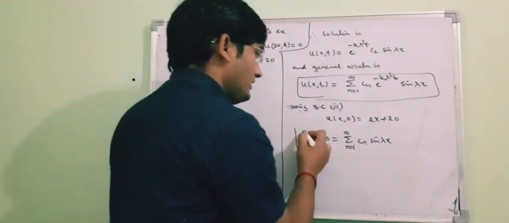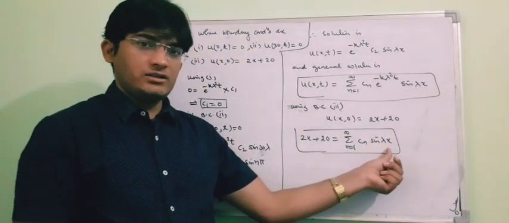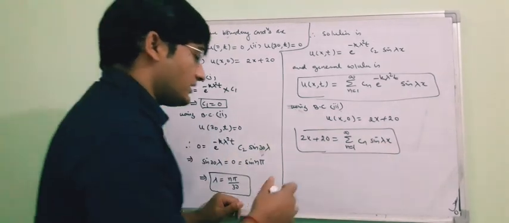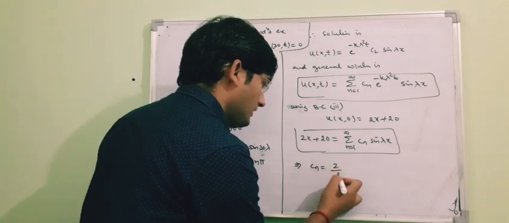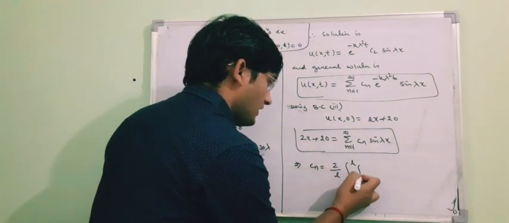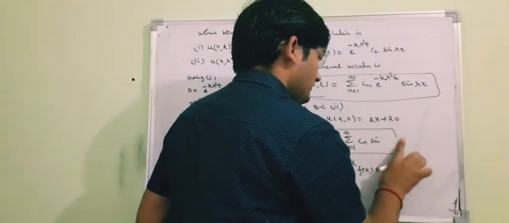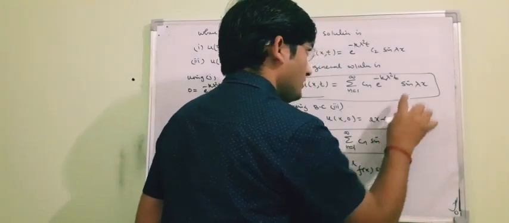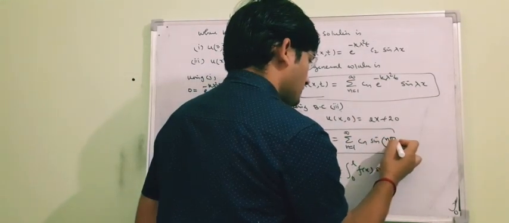Here you can see that the right hand side is a half range sine series. In case of a half range sine series, the Fourier coefficient Cn is equal to 2 upon L, integral 0 to L, f(x) into sin, and your lambda was n pi upon 30, so n pi x upon 30.